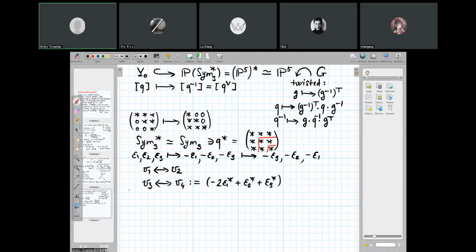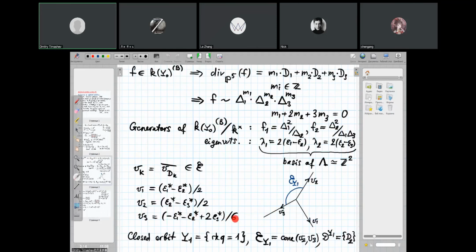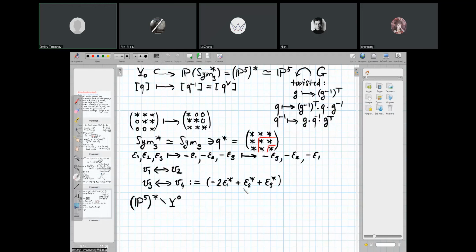But now, let me write it here. So for the dual compactification, for the P5 star, V3 should map to V4. It is just a notation. So under this transformation of weights, V3, which is written here, will map to this one, but I forgot to divide by 6.